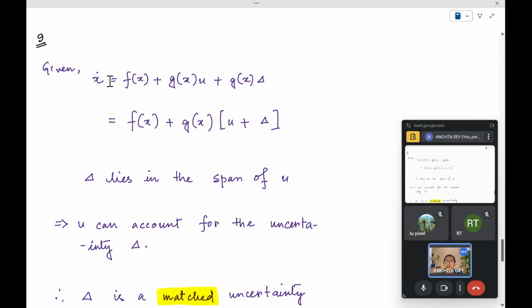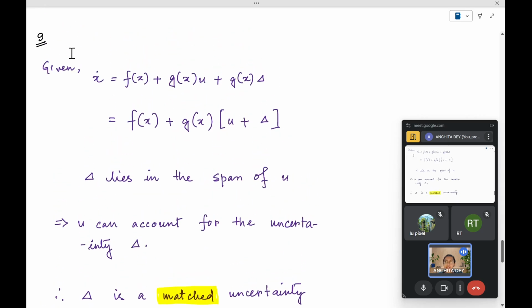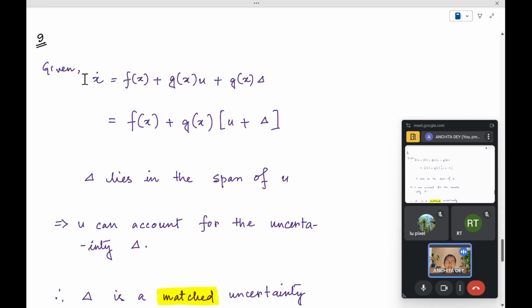So I think this was explained in the class as well, that given a dynamics, okay, x dot equal to f of x plus g of x into u plus g of x into delta. So here delta is some uncertainty that is not known to us. So note here that we can write it as f of x plus g of x into u plus delta, right?